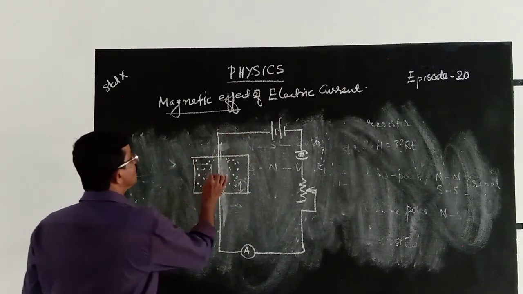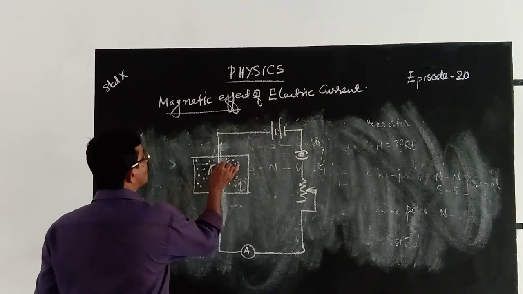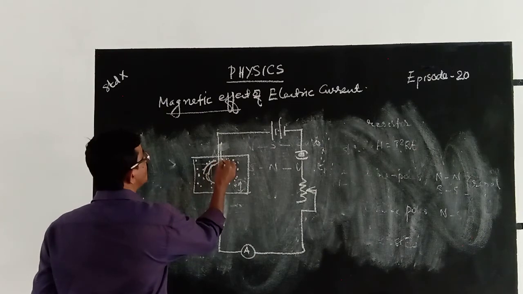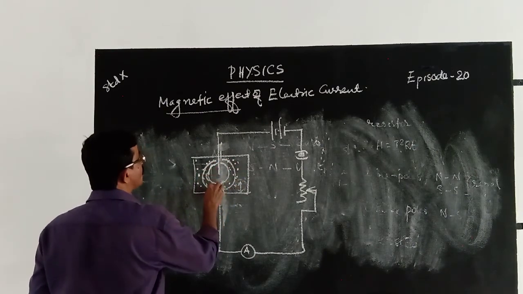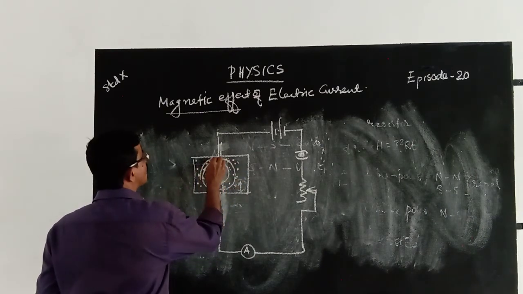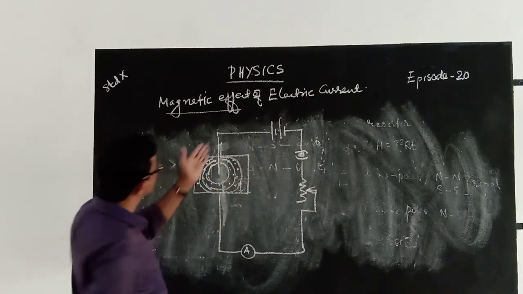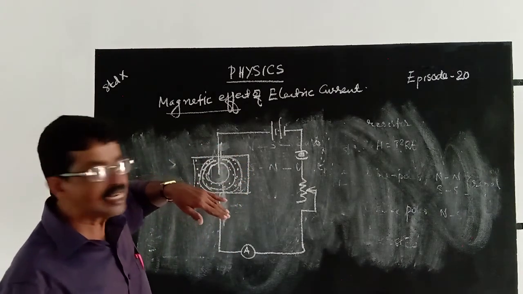Now you can see these iron filings are arranged in concentric circles, and the curvature increases.